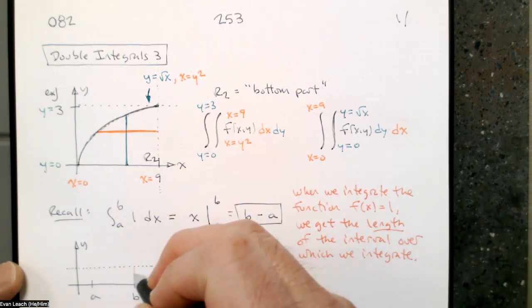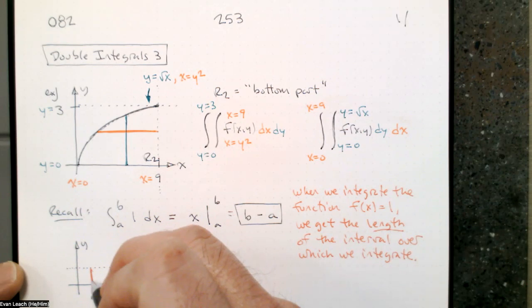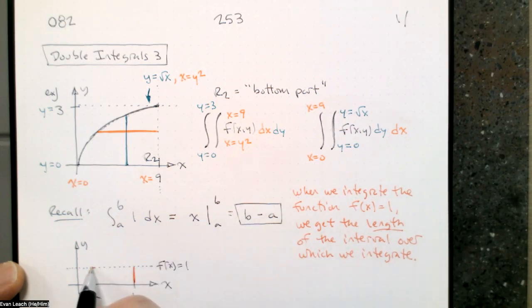So the height is 1, and the length is b minus a. Or I can say the length is 1, and the width is b minus a.